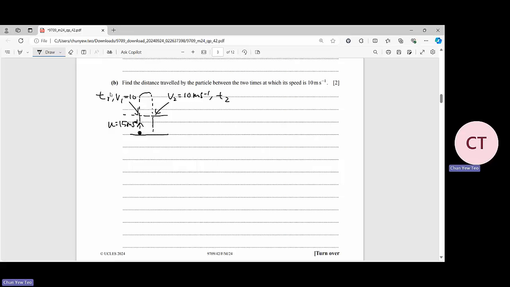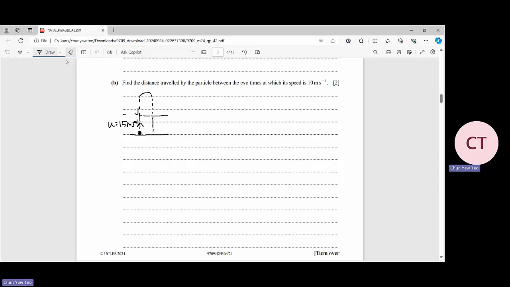We want to find the distance traveled here. So let me erase this, no need to make it so messy. We want to find the total distance.